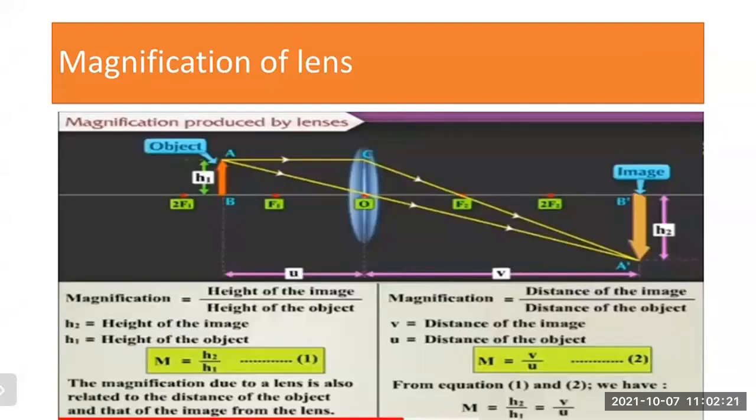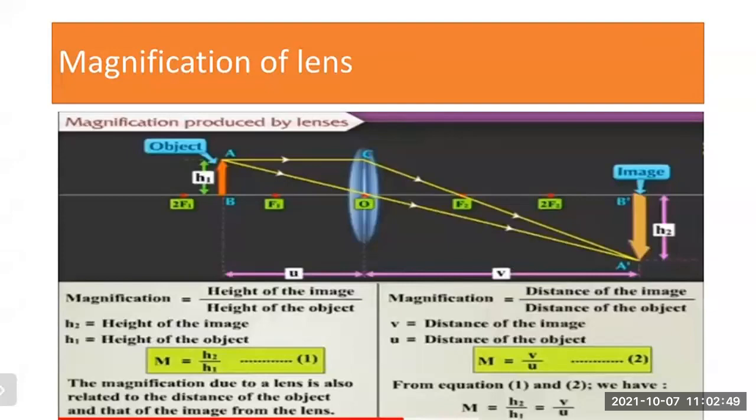So M is equal to V upon U. For magnification, we have two formulas: M is equal to H2 upon H1 and M is equal to V upon U. Therefore, we can also write M is equal to H2 upon H1 is equal to V upon U.